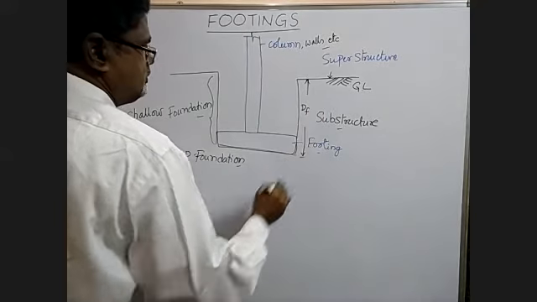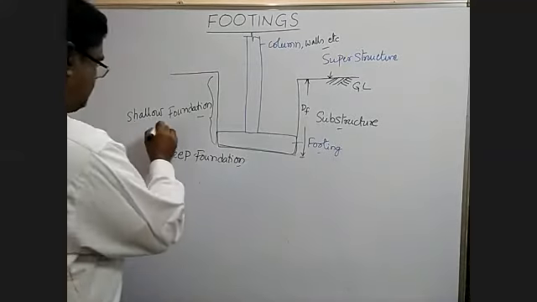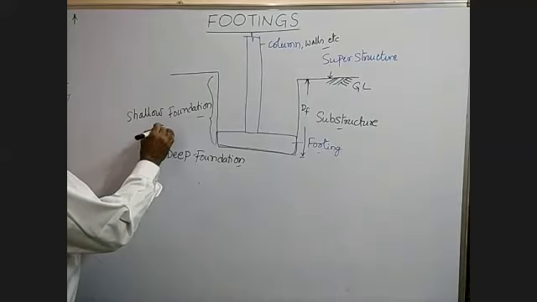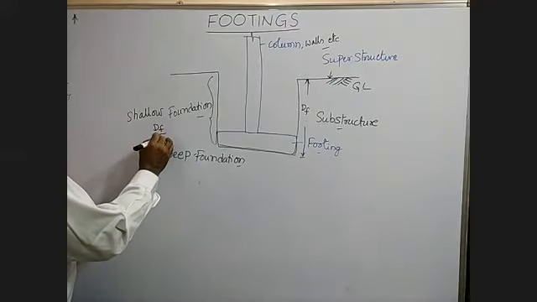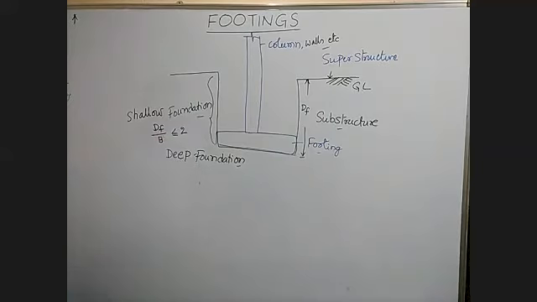Depth of foundation by width B, if it is less than or equal to 2, we call it as shallow foundation. B is the width of the foundation.